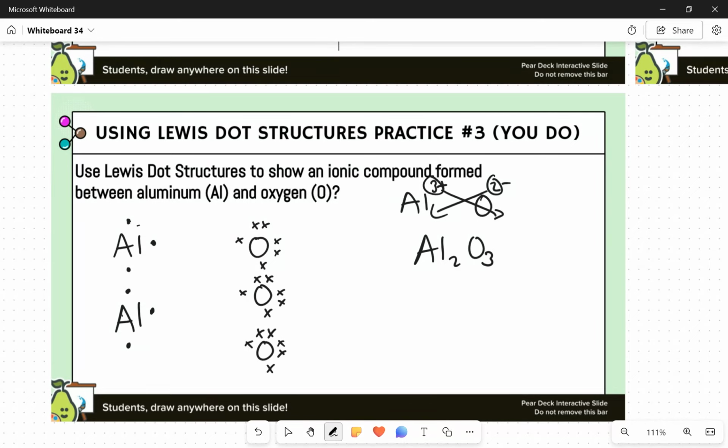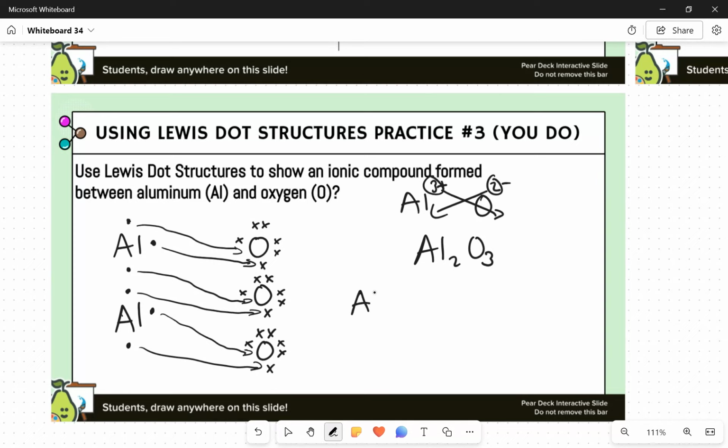Aluminum's electrons fill all those gaps. So oxygens all now have complete octets. We're going to have 2 aluminum cations with a 3+ charge.